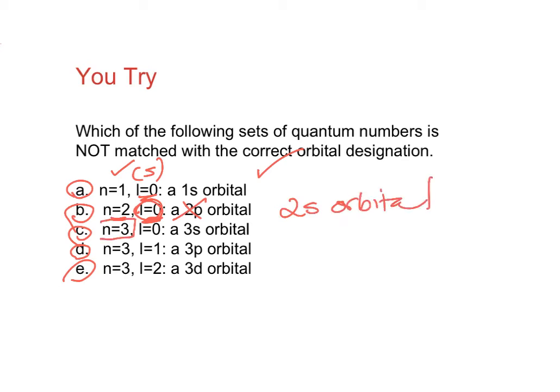If n equals 3 and l equals 0, yes, that's a 3s orbital. If n equals 3 and l equals 1, that is describing a 3p orbital. If n equals 3 and l equals 2, that is describing a 3d orbital. So the rest of them are correct. The wrong answer is C.